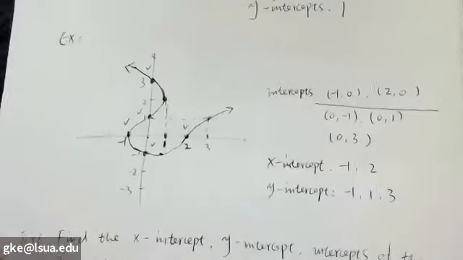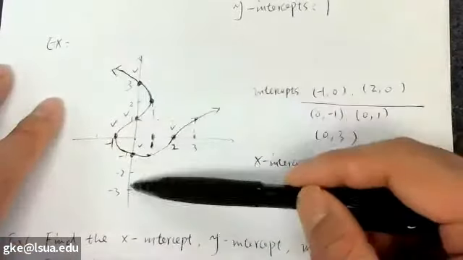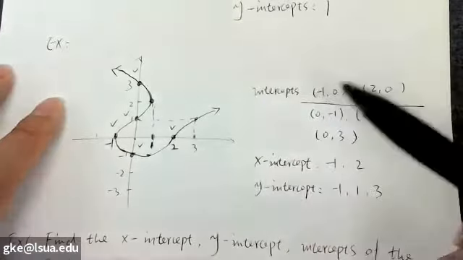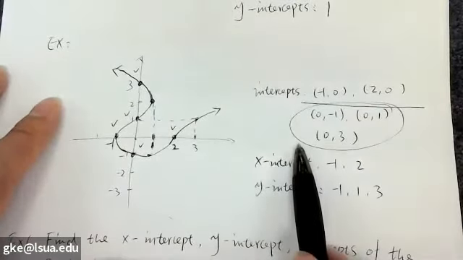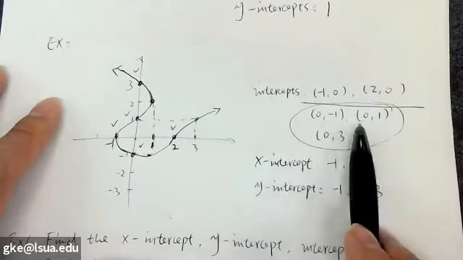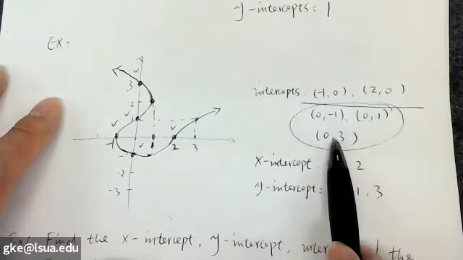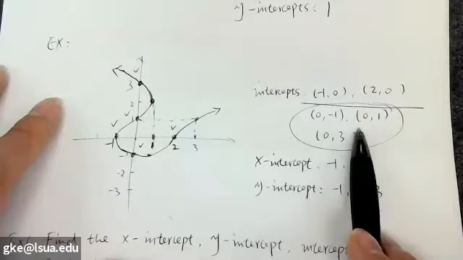Let's go to the y-intercept point. These 3 points, we can easily see, have a common property: the x value always equals 0.